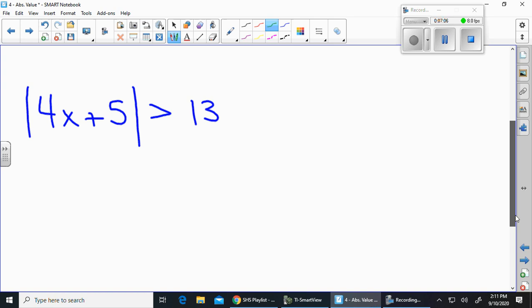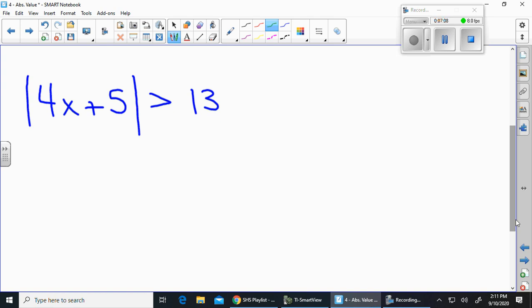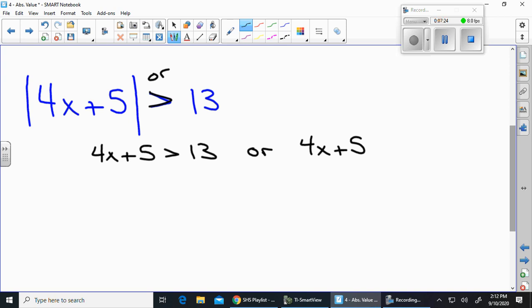So you look at this first example. Absolute value is alone. It's greater than the absolute value. So it's an or. 4x plus 5 is greater than 13, or 4x plus 5 is less than negative 13.